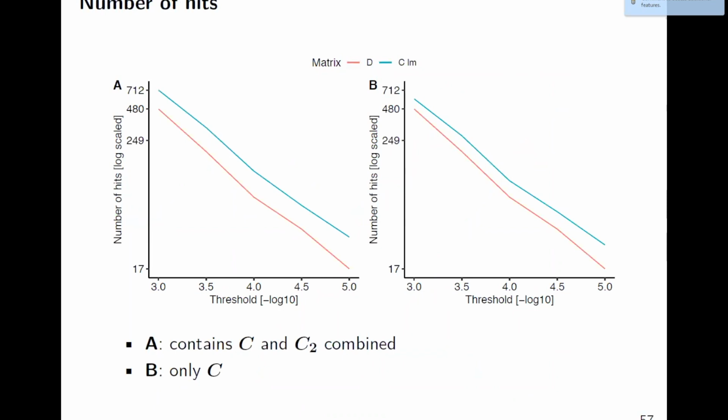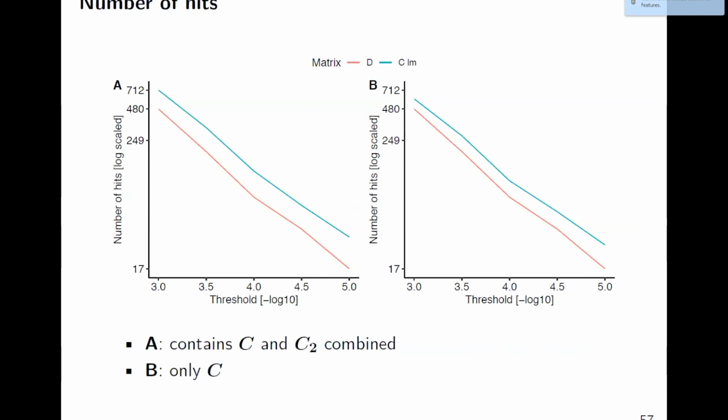And then in this plot, I'm showing the number of hits: in red, when using the discrete coding, and in green, using the continuous coding. So we get a higher number of hits when using the continuous coding. That's good. Actually, here I'm putting together C and C2, so it's not that fair for the discrete coding.